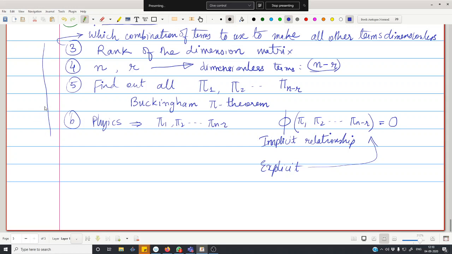We will do some more examples. We will revisit the simple pendulum example also, and do some more simple examples. But for those of you who are interested in experiments, this is a very useful thing to know, which pi terms are there in the problem.